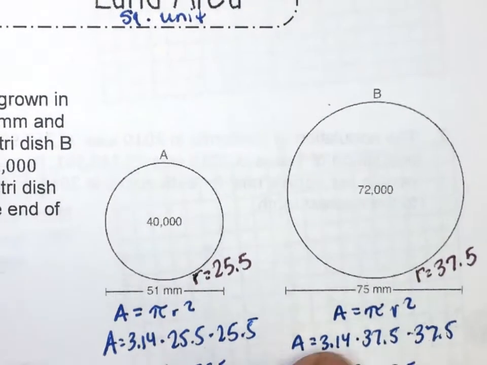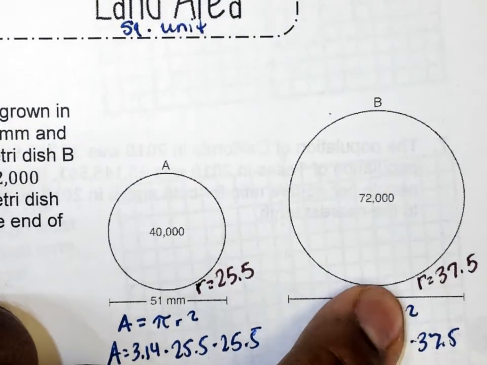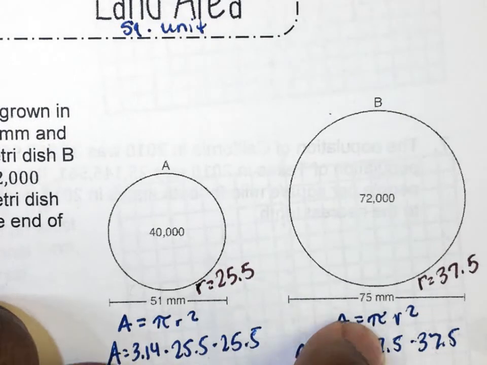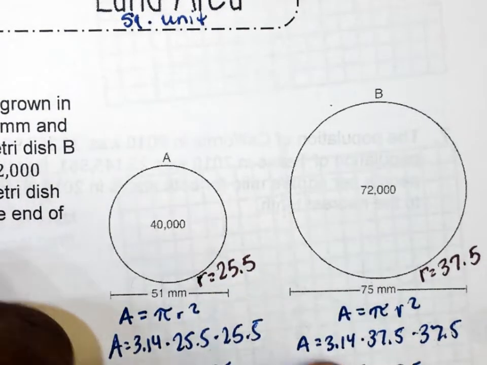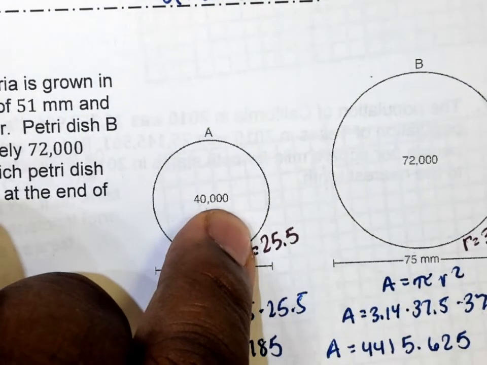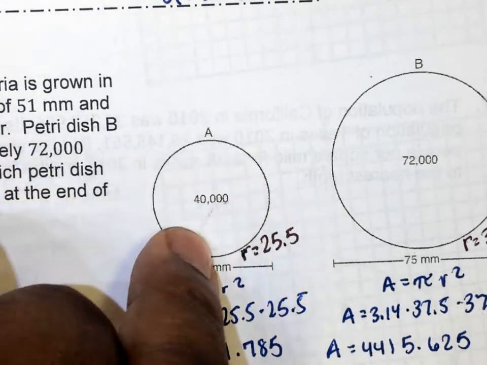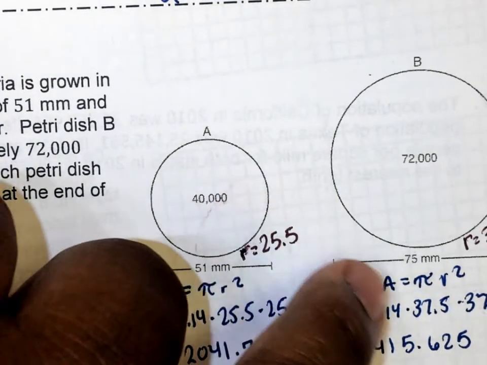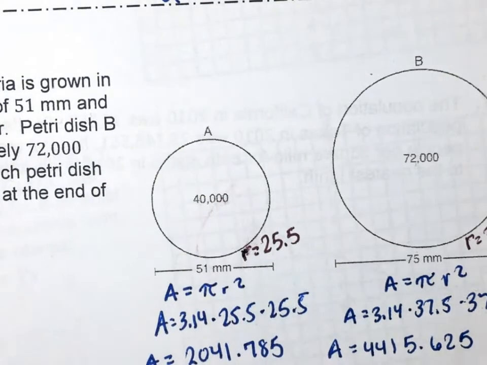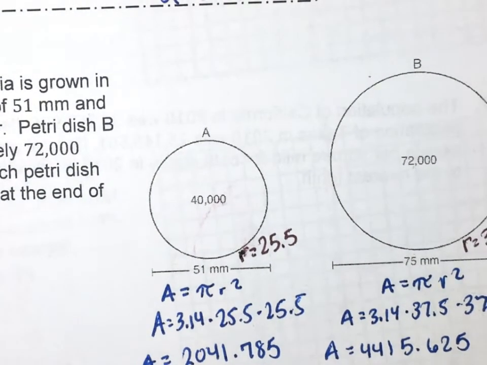Even though this petri dish is bigger, it has less population density because per the area there's less bacteria. In this smaller petri dish is 40,000, but there's a lot more bacteria in this smaller area than there is in this bigger area here. So that's why this number was bigger. But this is population density in a nutshell. That's how you do it straightforward.